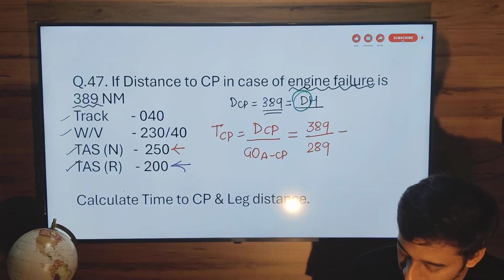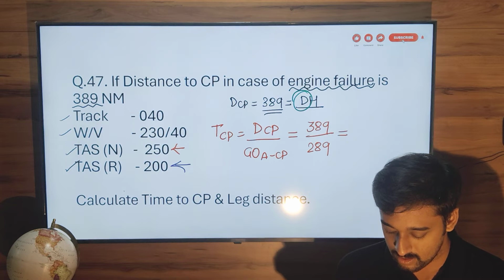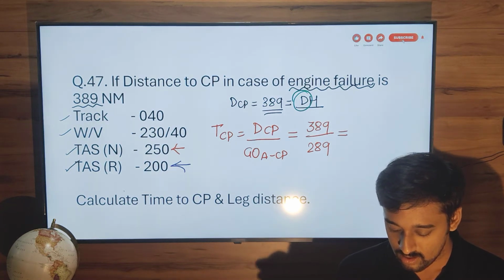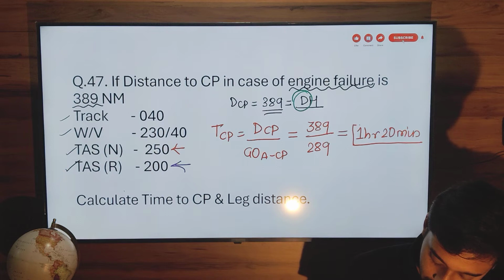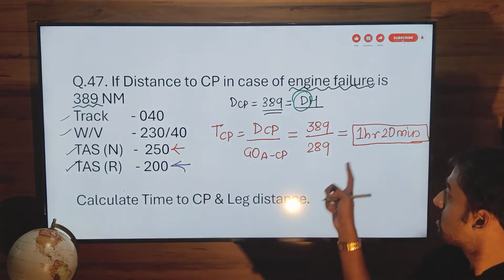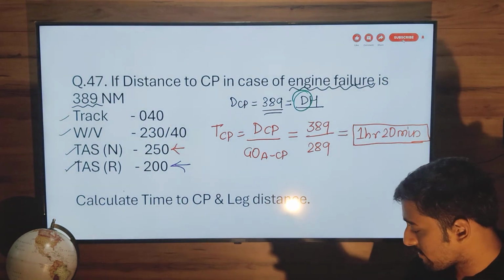So time to CP will be 389 divided by 289, which is 1 hour 20 minutes. 1 hour 20 minutes is your critical point time.